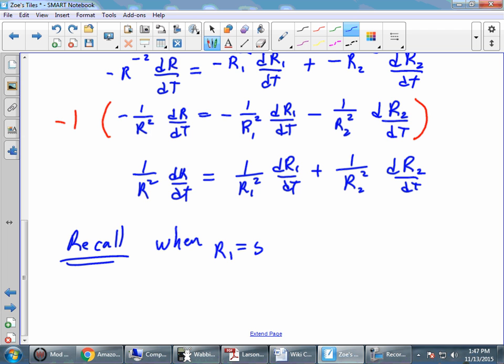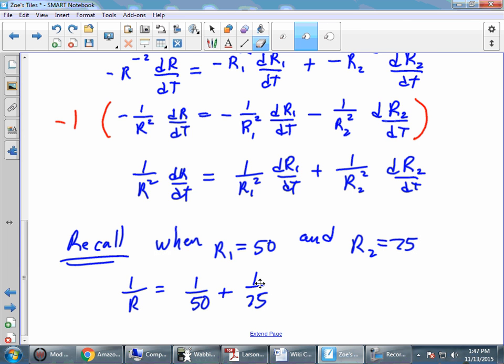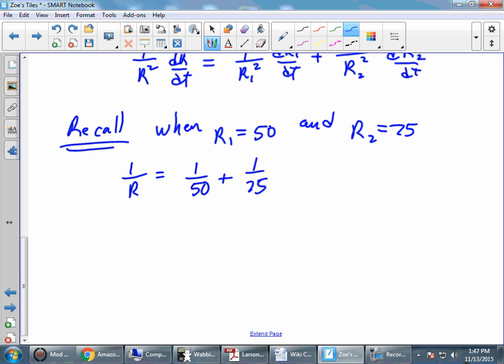When r sub 1 equals 50 and r sub 2 equals 75, then we can say 1 over r equals 1 over 50 plus 1 over 75. And I could have done this at the beginning. There's no reason why. Just afterthought. It's fine. Or you can do it now. It doesn't matter. Let's solve for r. 1 over r equals common denominator. 50 and 75, common denominator.